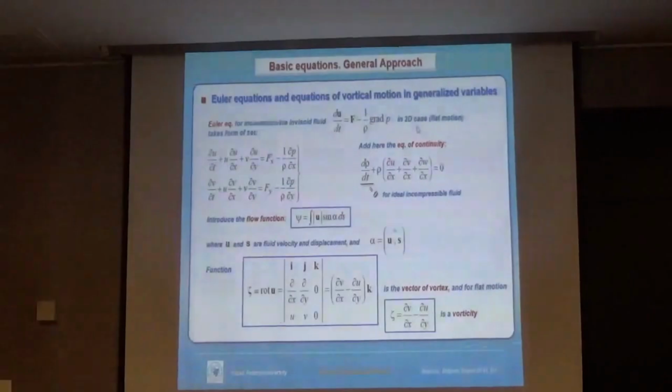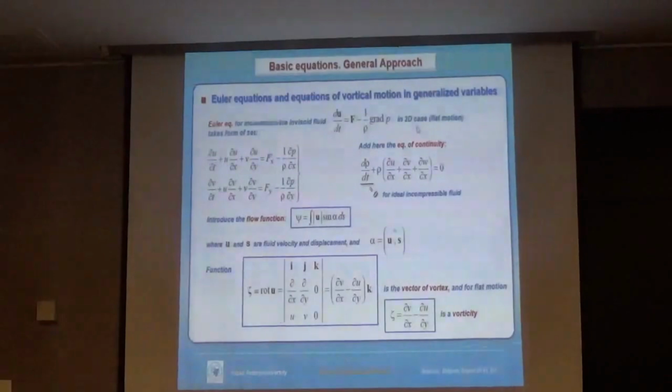The Euler equation for an incompressible inviscid fluid in the two-dimensional case, in the case of flat motion, takes the form of this set of equations. And here is the equation of continuity. Here the first term equals 0 for an ideal incompressible fluid.